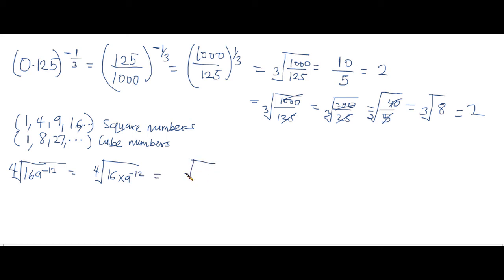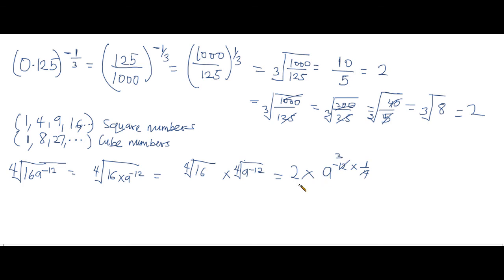This will now be 16 over a raised to the power of minus 12. Excuse me. And simplifying this further, this one will be 2 multiplied by, going back the reverse way, a raised to the power of minus 12 multiplied by 1 over 4, because this root is the same thing as raised to the power of 1 over 4, and I'll simplify this, and this will give me minus 3.